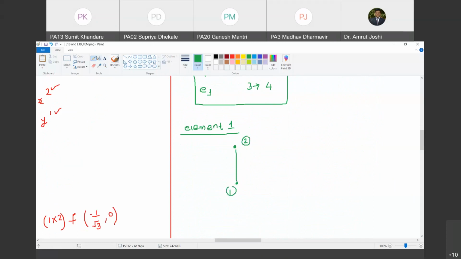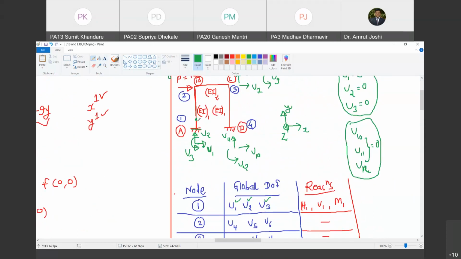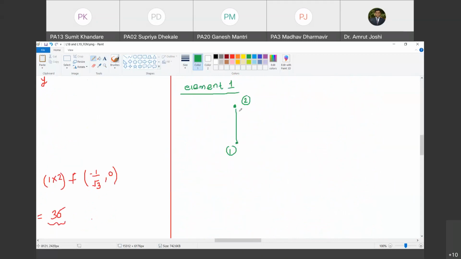Now comes the interesting part. As this element is principally subjected to bending, and I'm going to neglect its axial stiffness, therefore at each node I'm going to consider only 2 degrees of freedom. One perpendicular to the element, a translational degree of freedom, and another rotational degree of freedom. Are you with me? Yes, sir. So what is the translational degree of freedom here? u1.